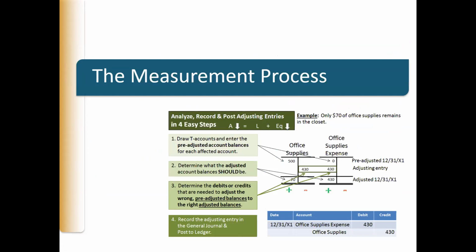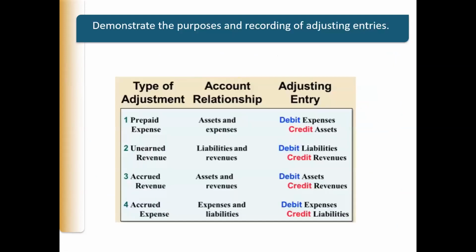Now, we're going to talk about measuring. There are adjusting entries that we must make to get our books accurate. And there are certain types of what we call adjusting entries that will need to happen before the end of a period.